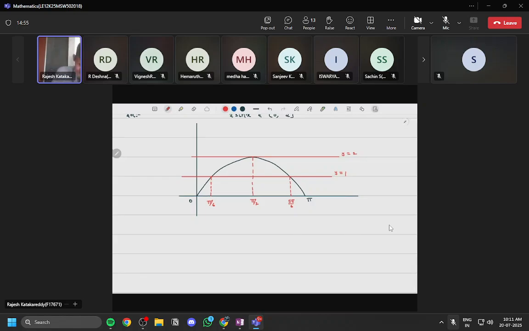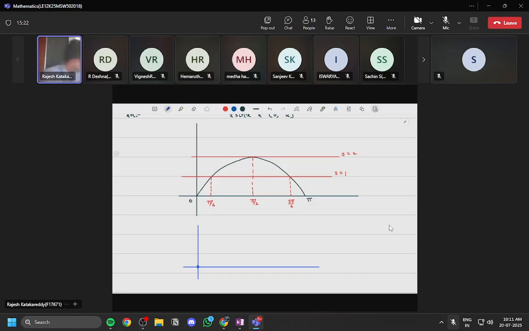Now I am trying to draw the graph of greatest integer of 2 sin x. Notice that x equals 0 is not there. So now, from 0 to pi by 6 it is increasing, right? And in what interval is it?